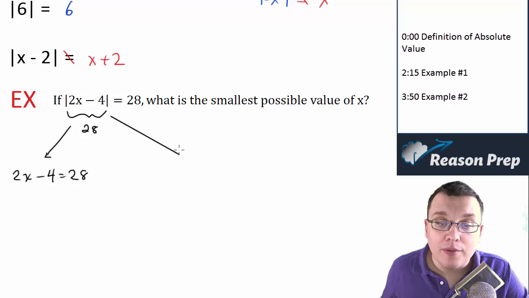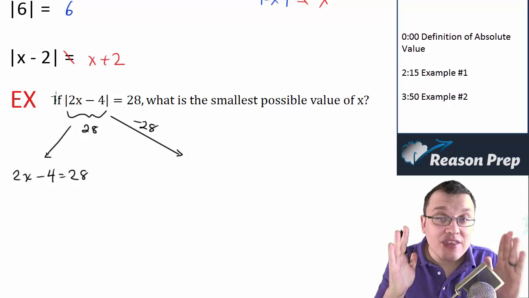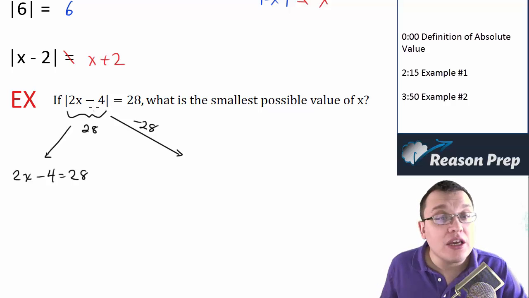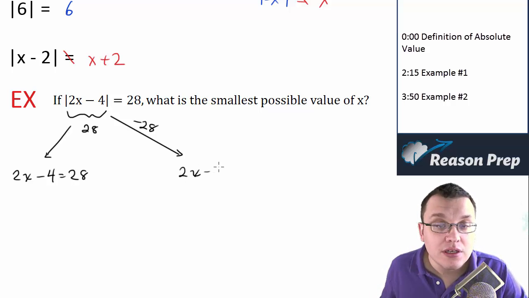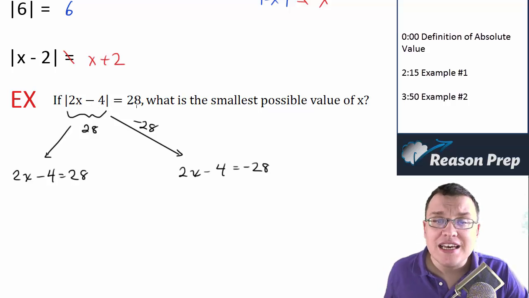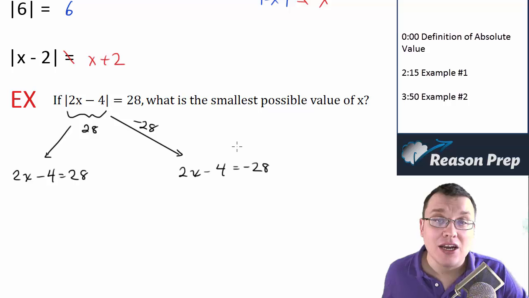But also remember, if this ends up equaling -28 when we plug in an x, then the absolute value bars will make it positive, and then 28 will equal 28. So we can also set this equal to -28, and that's your trick for solving these absolute value equations. Take your equation, set it equal to the positive of the number on the right, and set it equal to the negative of the number on the right, and then solve them.